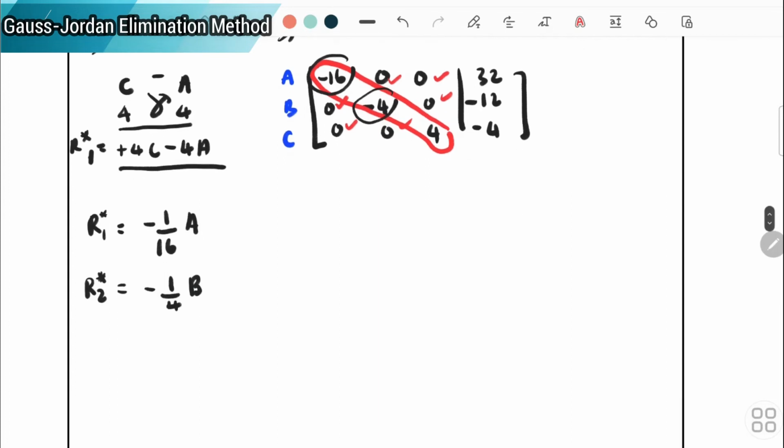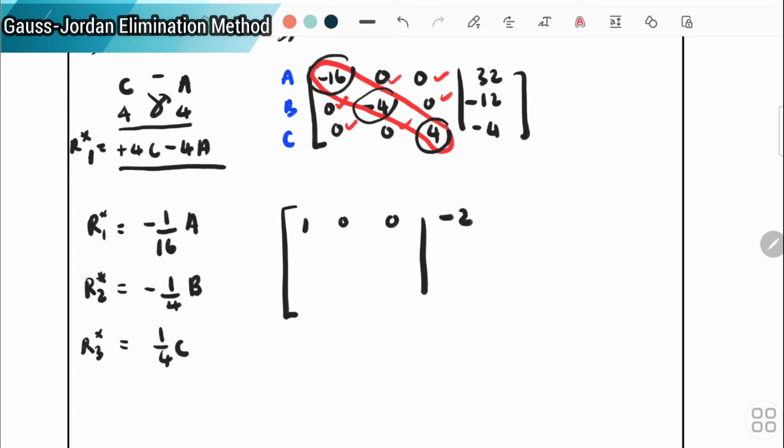Row B needs to be divided by -4. To get the new R3, since this element is 4, you have to divide it by 4. So every single row is divided accordingly. Here you get 1, 0, 0, -2. The second row divided by -4 gives 0, 1, 0, 3. And the last row divided by 4 gives 0, 0, 1, -1.